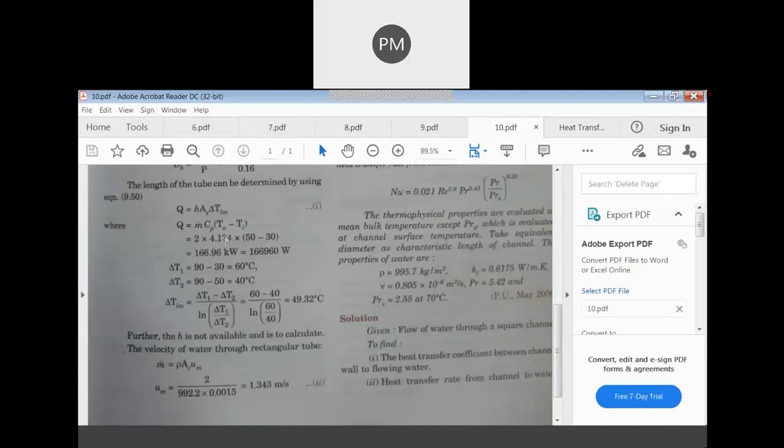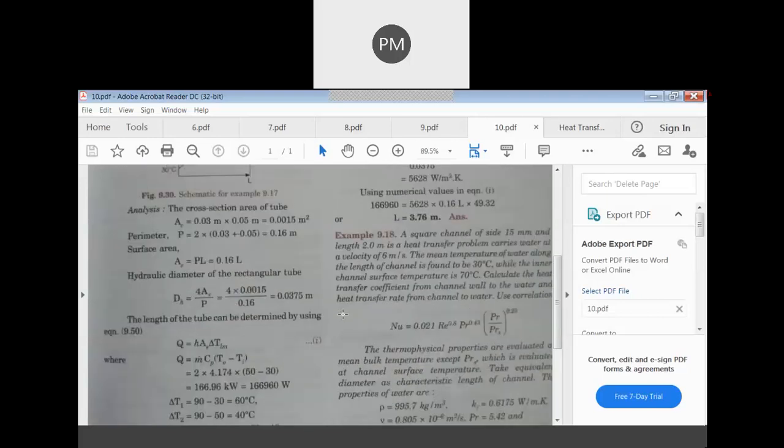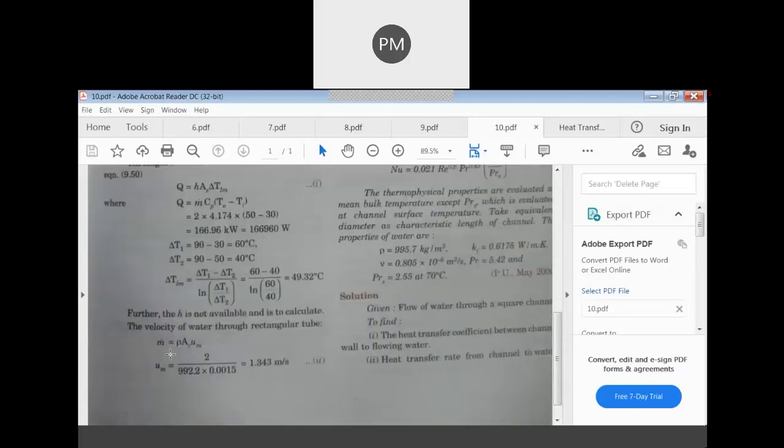Next, we'll calculate the Reynolds number. For that they have written this formula: Reynolds number is rho into velocity into hydraulic diameter divided by dynamic viscosity. First, let us calculate the velocity. Mass flow rate is given by rho A u.